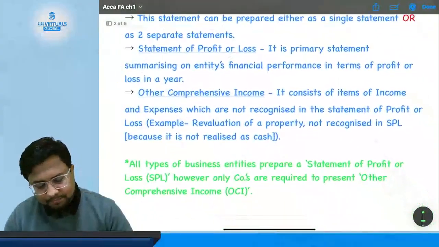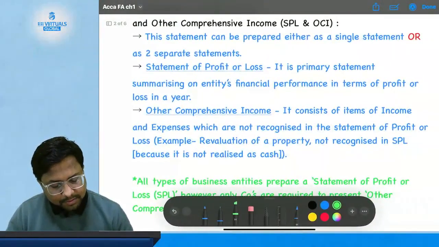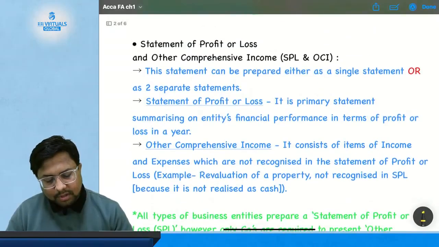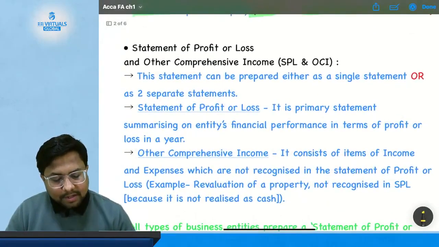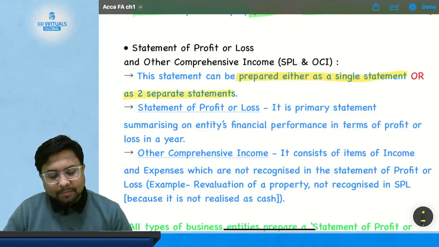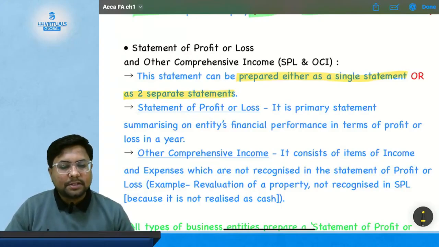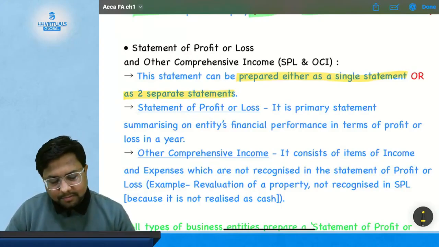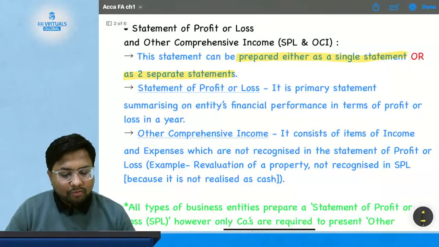Now let's read about this. This statement can be prepared either as a single statement, that is, together, or as two separate statements.